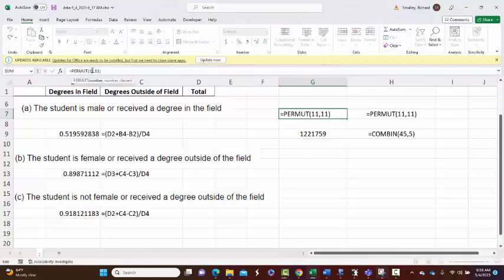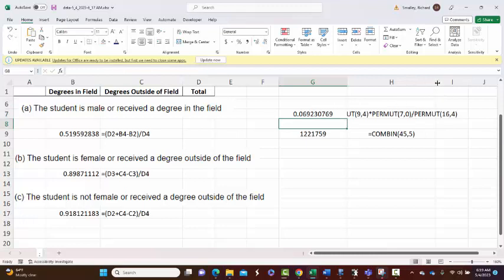It was 9, choose 4, permute 7, choose 0, divided by permute 16, choose 4.